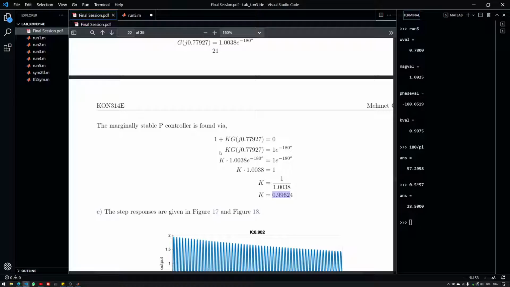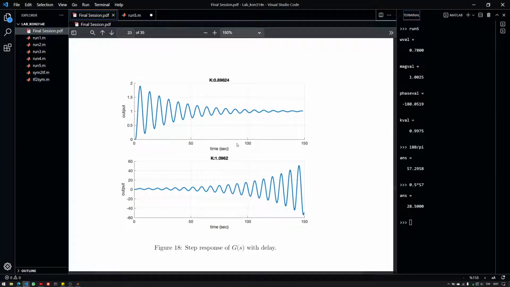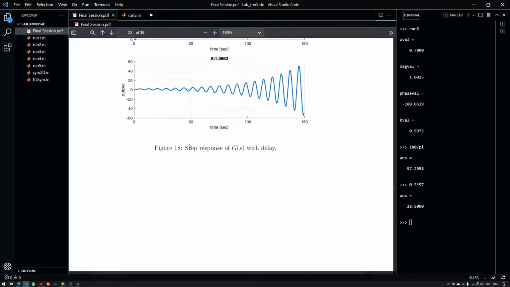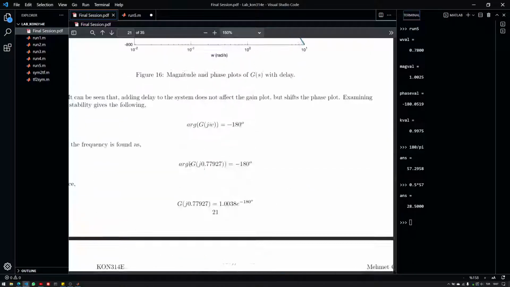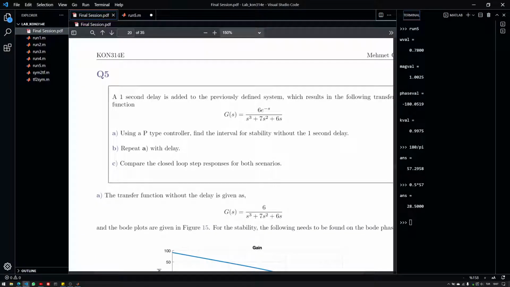It is a rough estimate of the actual stability bound, but the frequency method does provide you with the actual stability bound because it uses only the argument and nothing else. So we've seen how to calculate the stability interval of a system that has delay.